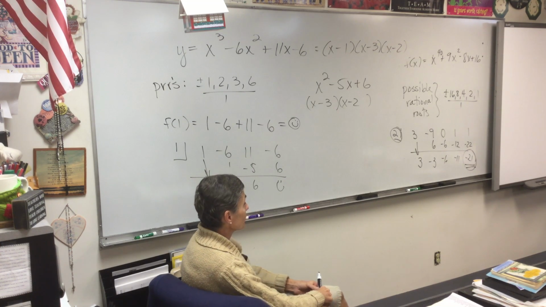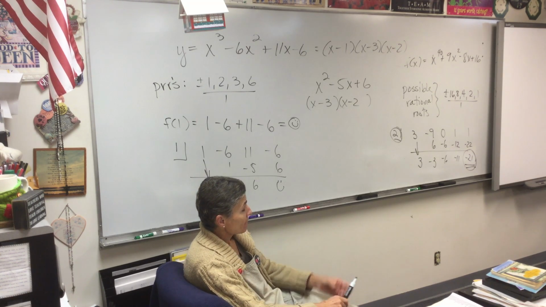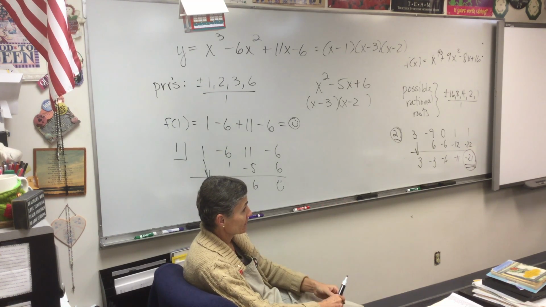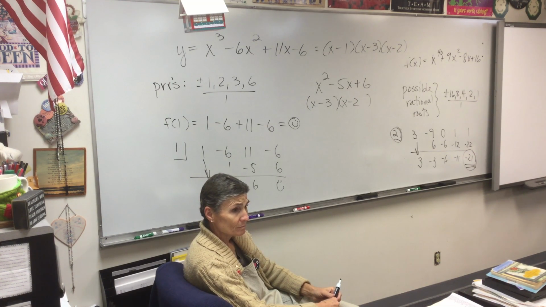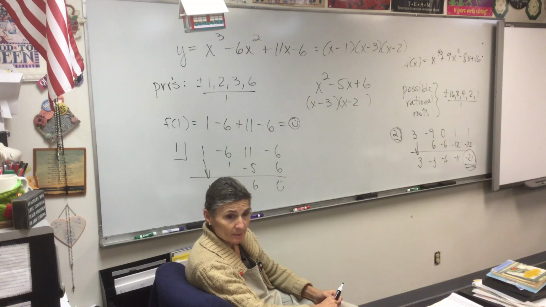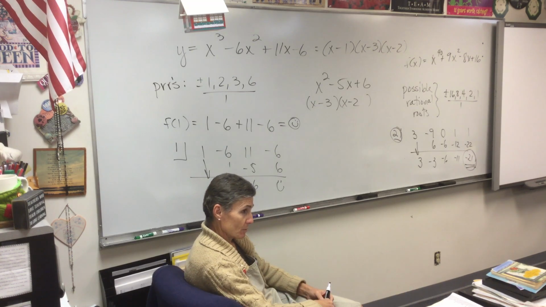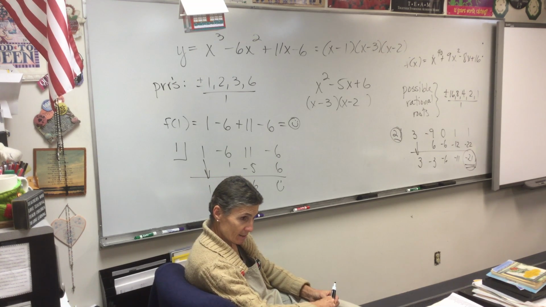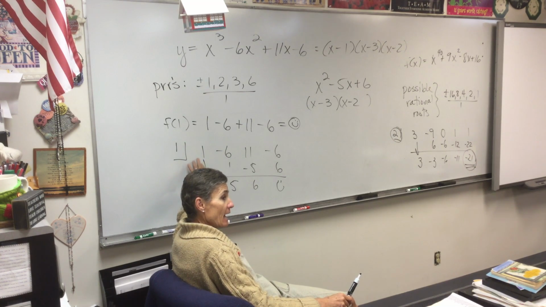After I determined I couldn't factor by grouping, I did my PRRs. And then I picked one and plugged it in, hoping it would give me 0. And it did. What if it hadn't given me 0? I try again with a different number. And I keep trying numbers until I get one that gives me 0. And then I divide it out.